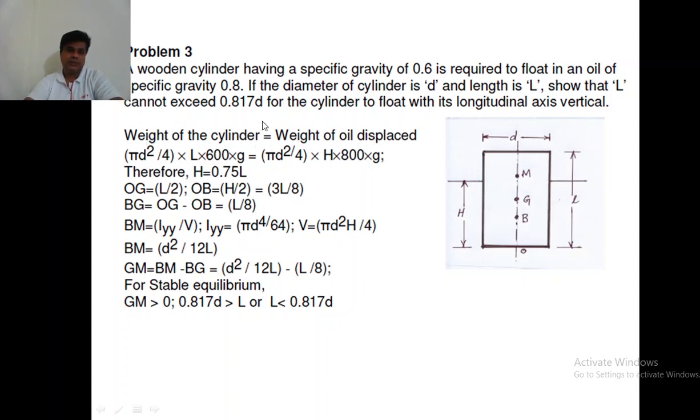The weight of the object is nothing but the weight of the fluid displaced, and to calculate the metacentric height you have to remember this equation: GM is equal to BM minus BG, and BM is nothing but I, the moment of inertia, by volume, and BG is nothing but the distance here. If you remember these two equations, we can solve the problems based on buoyancy.